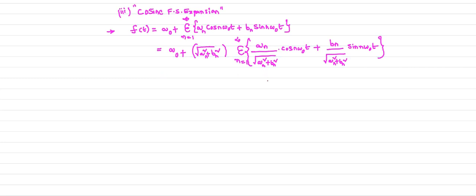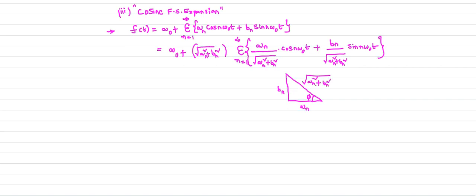Now I consider a triangle like this. This is my right angle triangle. For this right angle triangle, this is my phi, and I consider here it is bn, and here an, so that I will get here an square plus bn square.